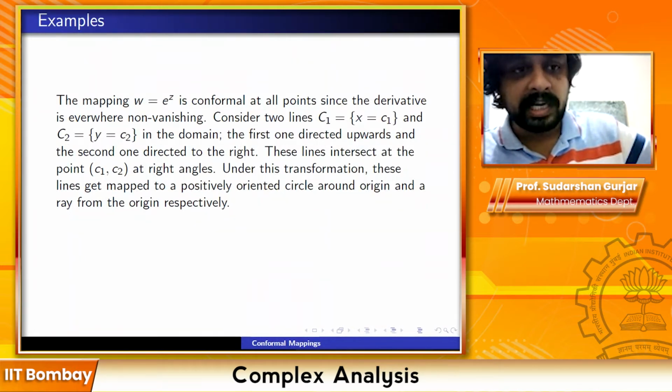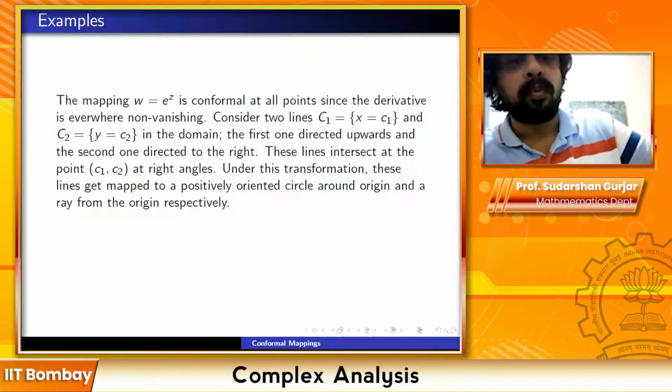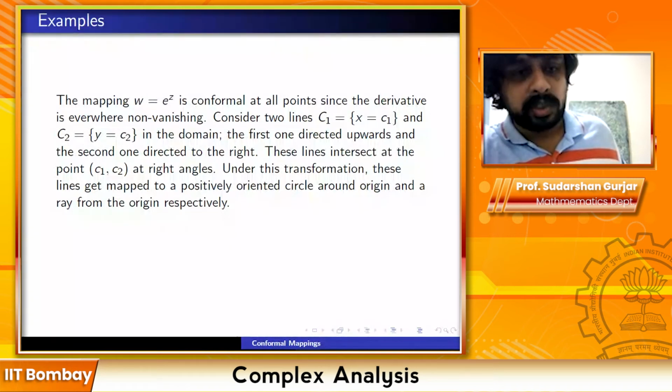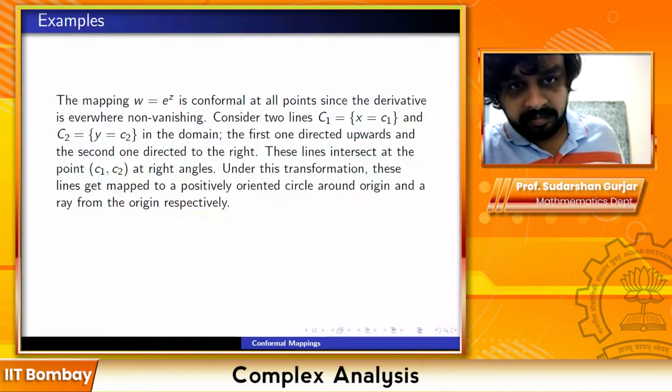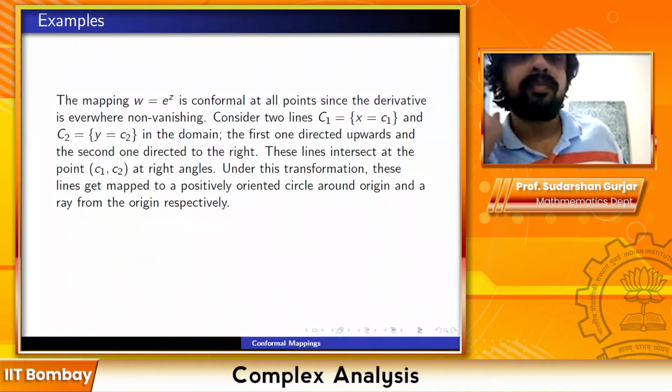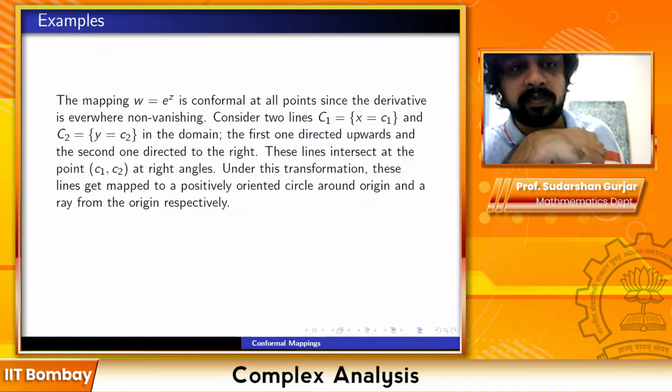You can see immediately that x is varying and c2 is constant, so all these points lie on a line passing through the origin. So the image of C2 is a line passing through the origin.